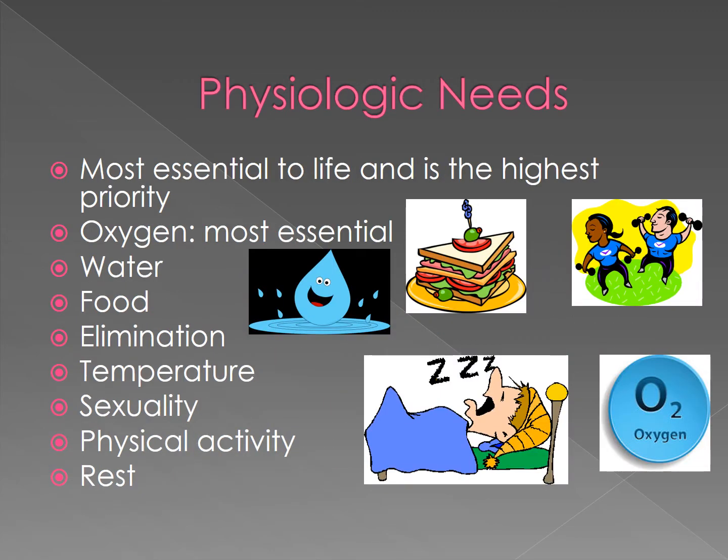So again, the very basic level 1 need within Maslow's hierarchy of need would be the physiologic needs. It is the most essential to life, and it is the highest of priority.